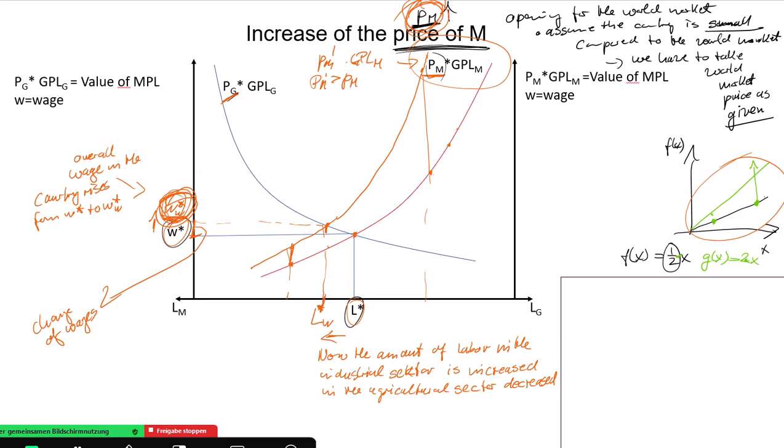If you maybe think now from the point of this labor market equilibrium, or you can also argue from this one here, what represents the change of the price? The change of the price is represented by the distance between these two curves, because this was the argumentation how we move this curve upward.